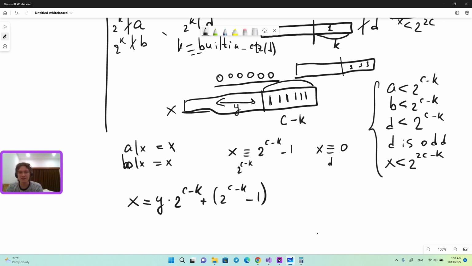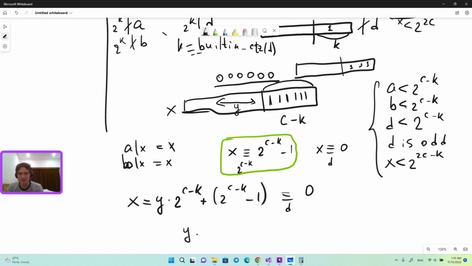And this relation holds automatically because this is 0 modulo 2 to the power c minus k, and this is what we need. So the left relation holds automatically, and all we need is that this is divisible by d. How can we solve it? So this is equal to 0 modulo d.